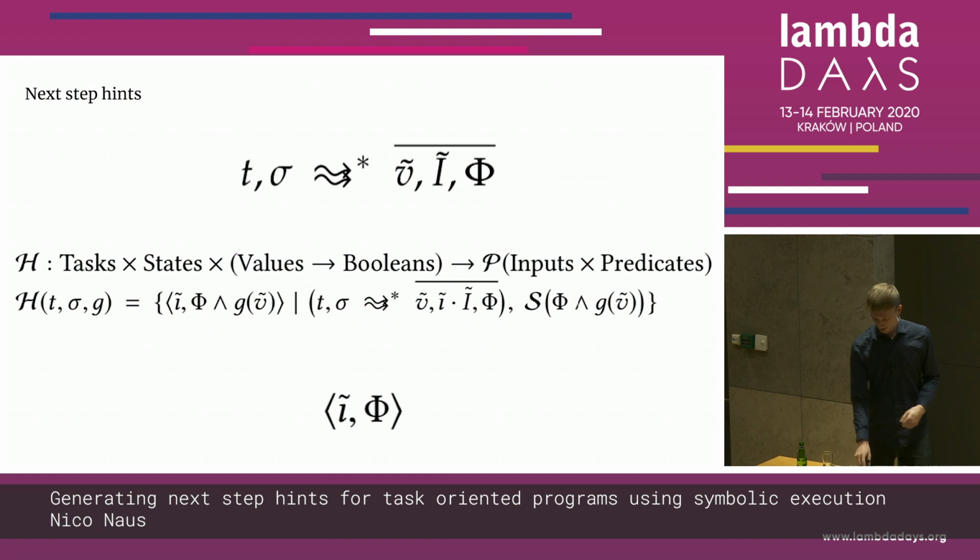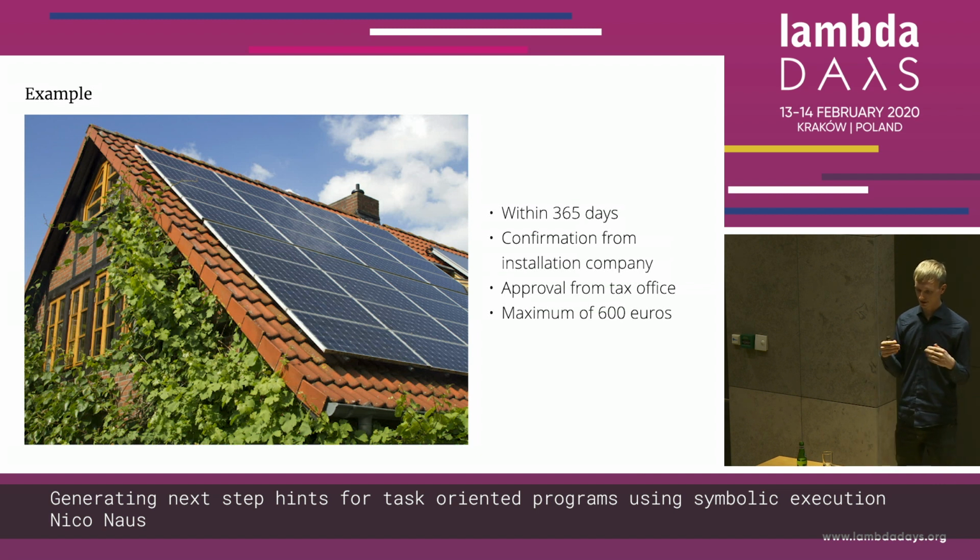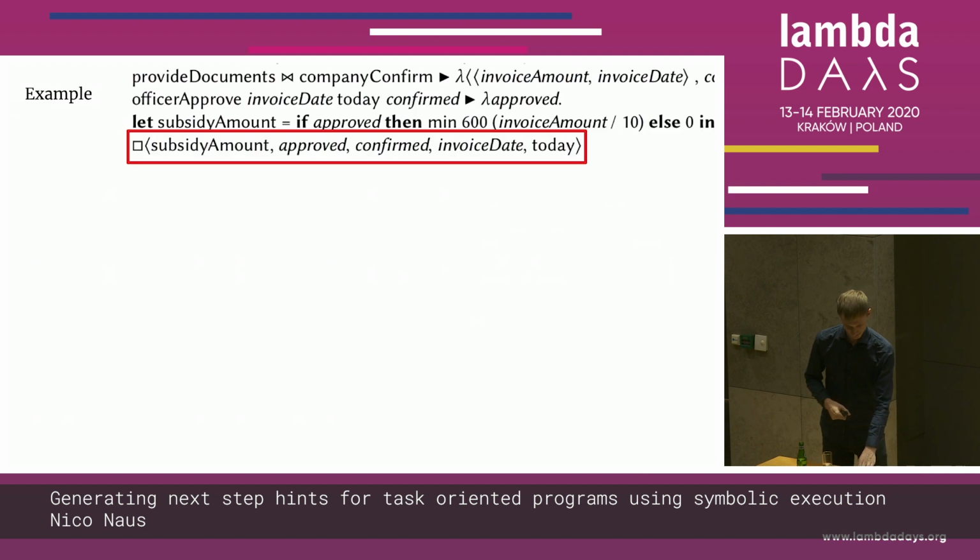All right, so let's go back for the third time to our running example. Let's say we want to help the citizen. The citizen wants to receive a positive amount of subsidy. Let's generate hints for the citizen. So of course then we look at the result of the task, which looks like this, and we formulate the goal. So this should be larger than 0, which looks like this.